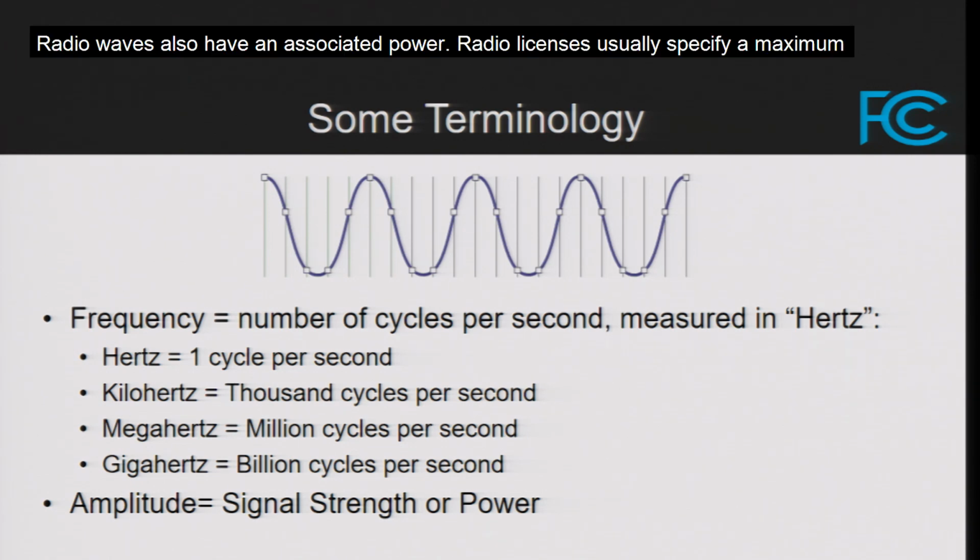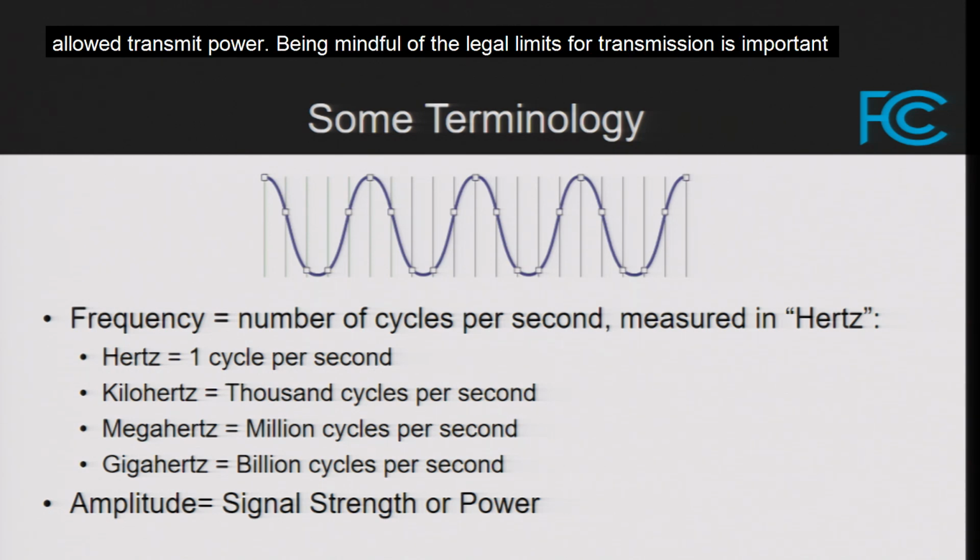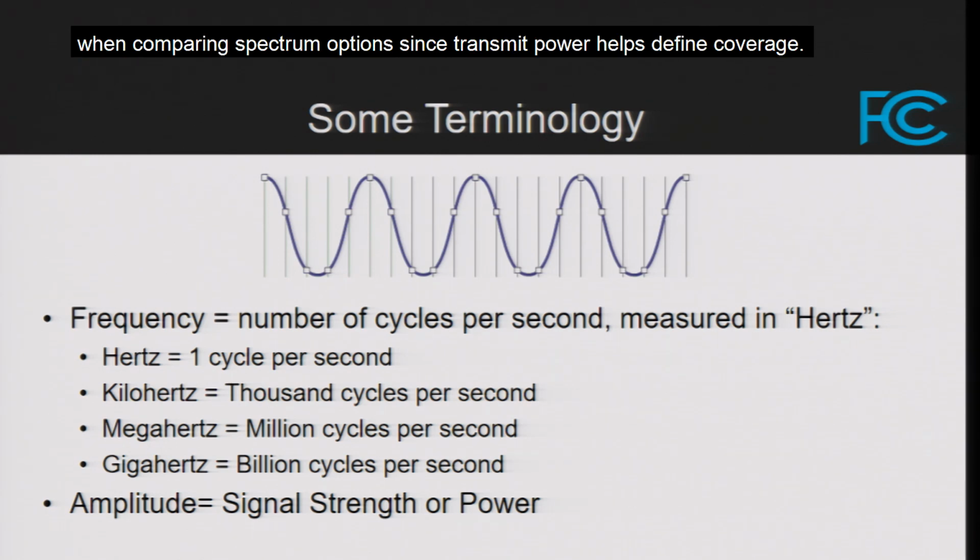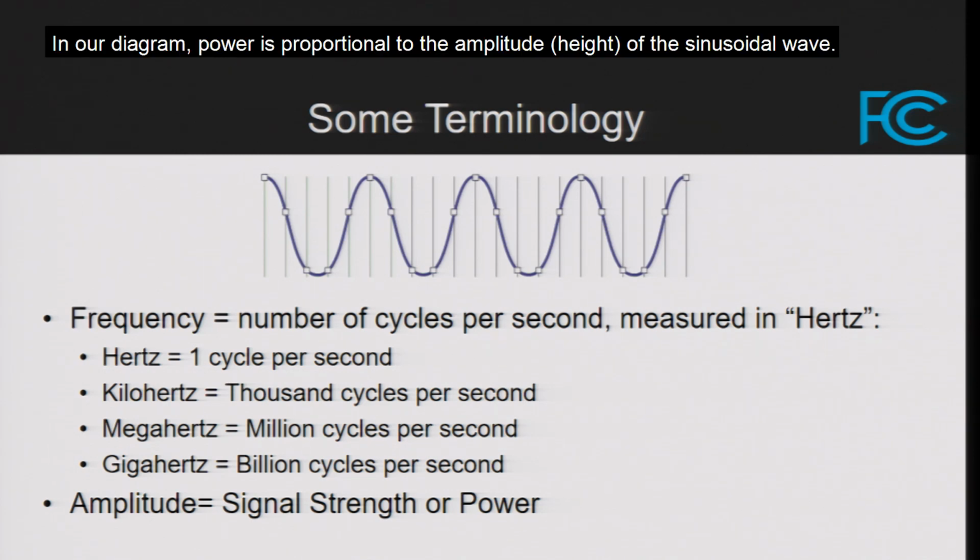Radio waves also have an associated power. Radio licenses usually specify a maximum allowed transmit power. Being mindful of the legal limits for transmission is important when comparing spectrum options, since transmit power helps define coverage. In our diagram, power is proportional to the amplitude, or the height, of the sinusoidal wave.